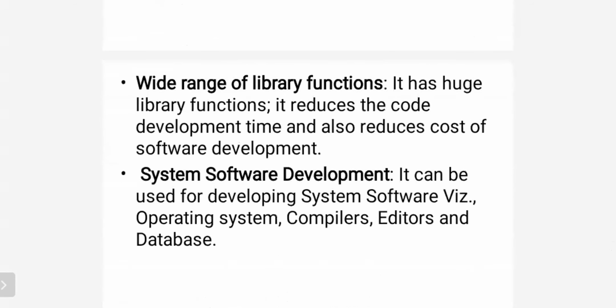The next characteristic is a wide range of library functions. As I already explained, the C language has system libraries. System libraries means certain functions are built in when the software is implemented. For example, cube root, power function, square root function, printf function, scanf function. Clear?